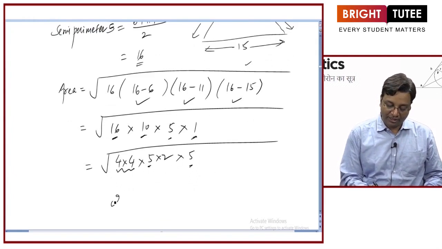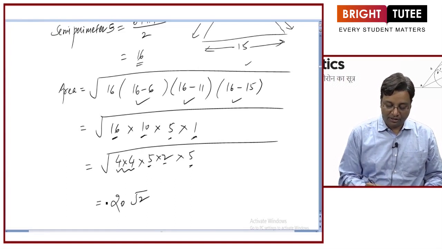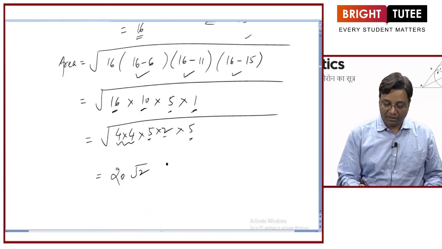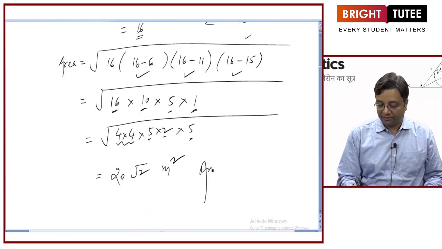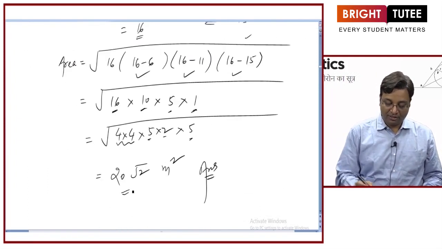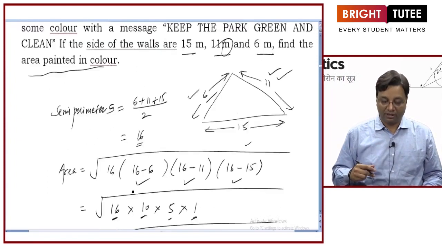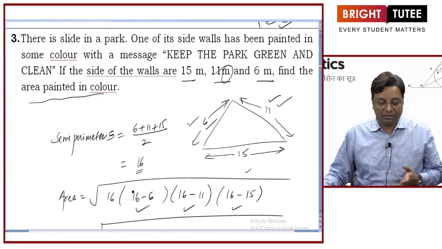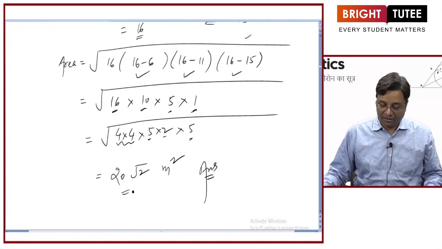So 20 can be taken outside and 2 will remain inside. 20 root 2, and you need to take care of the unit. It is in meters, so the area will be in meters square. So this is the area of this triangle, 20 root 2 meter square. Okay, so this was what we had to find out in this question. Let us move to the next one.